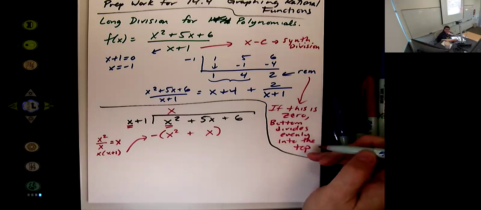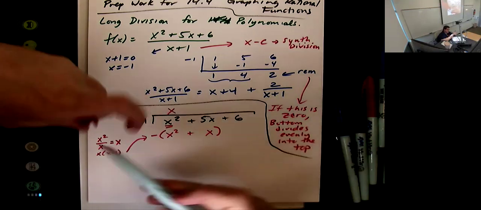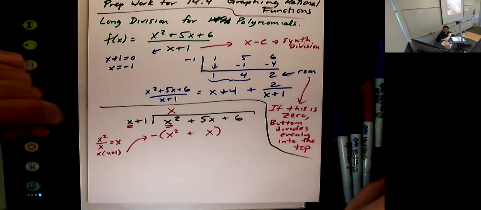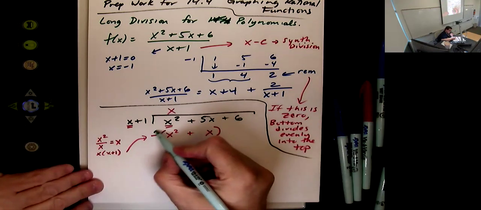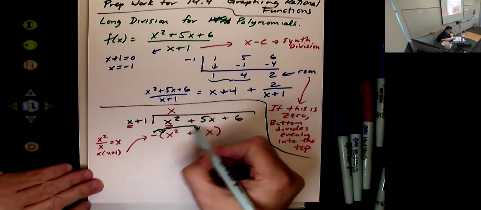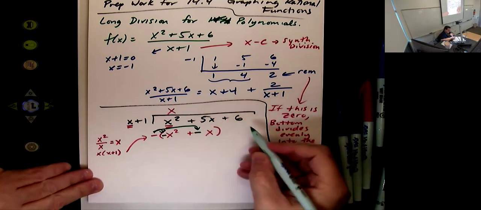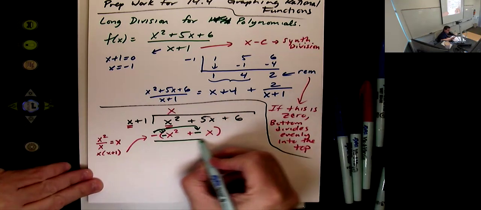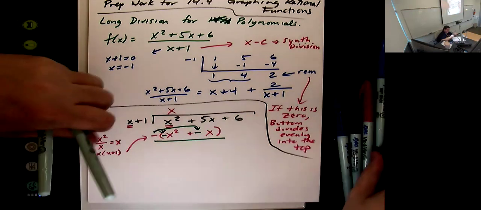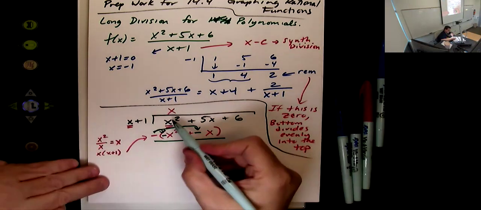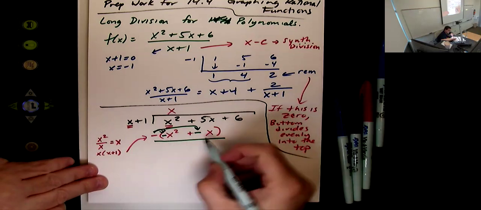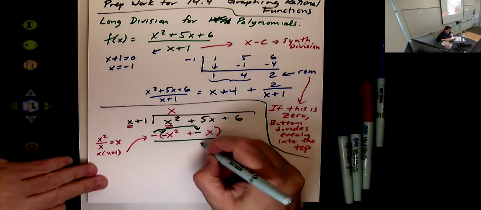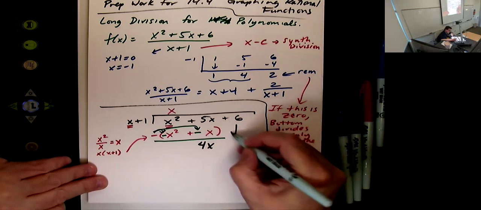I'm going to put that in parentheses because everything has to subtract. I'll distribute the minus in here. This becomes a minus, this becomes a minus, so that when I add up, my x squareds go away. x squared minus x squared is 0. 5x minus x is 4x. And I'll bring down the 6.